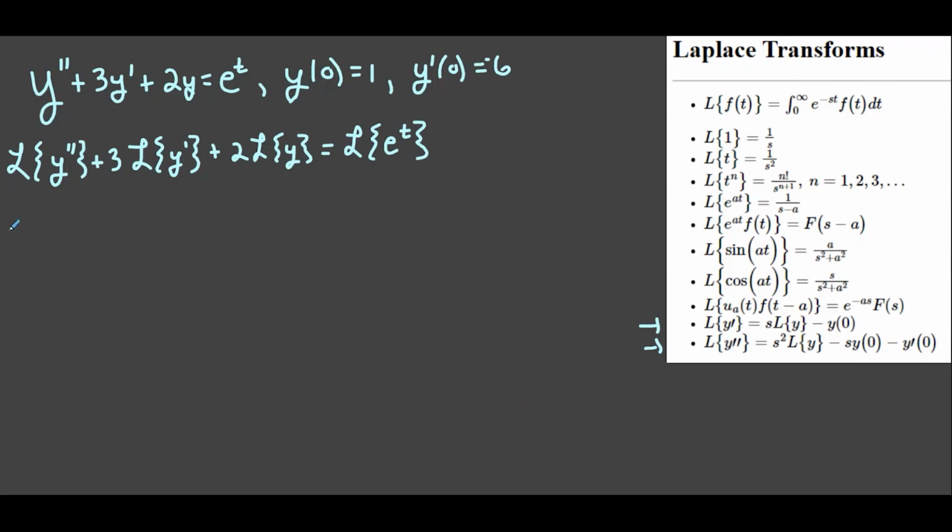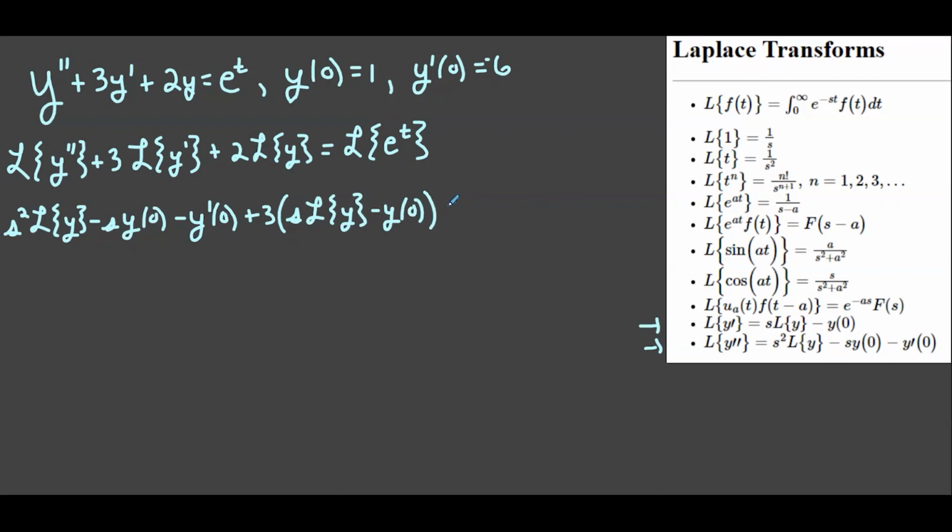So for the second derivative, it's going to be s squared Laplace transform of y minus s y of 0 minus y prime of 0. And then I've got 3 times the Laplace transform of y prime. That's going to be s Laplace transform of y minus y of 0 plus 2 Laplace transform of y equals the Laplace transform of e to the t.